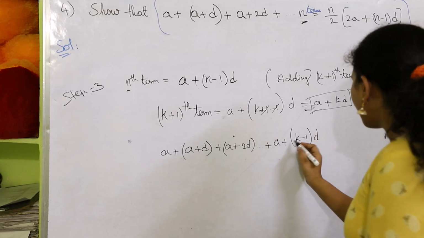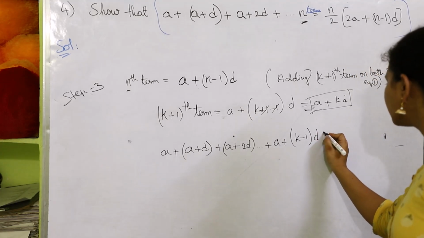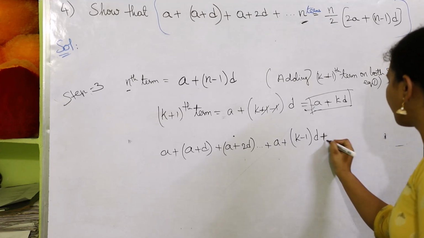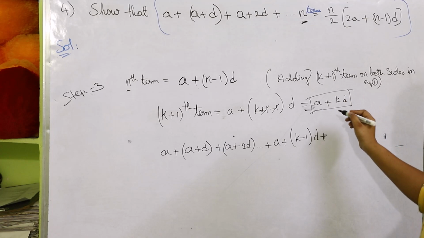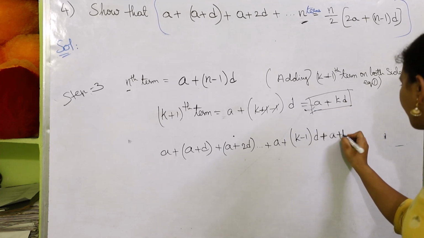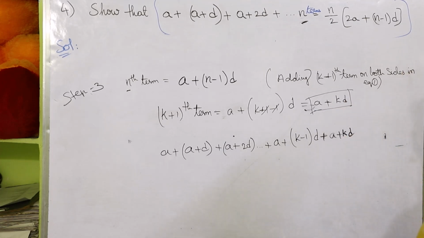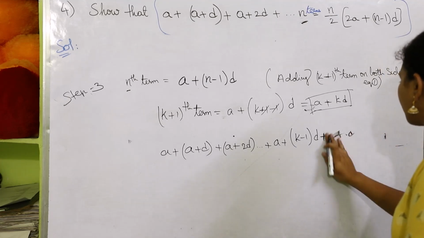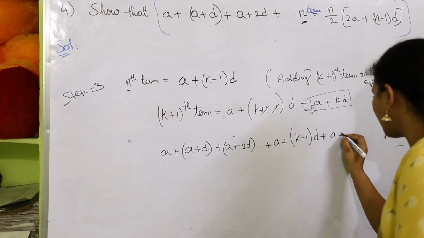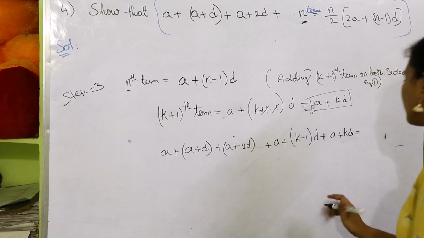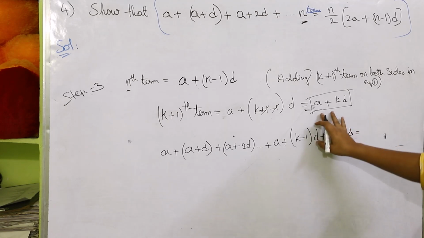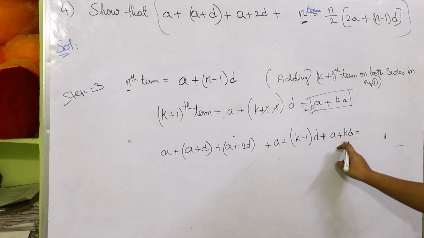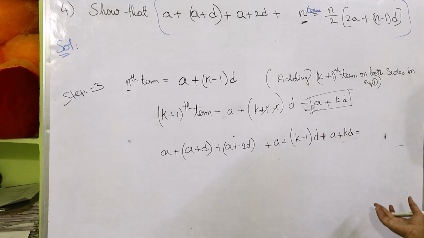So here you have a plus k minus 1 into d, plus a plus kd, which is equal to a plus kd. I have added this k plus 1th term on the LHS side. Let us add the k plus 1th term on the RHS side.